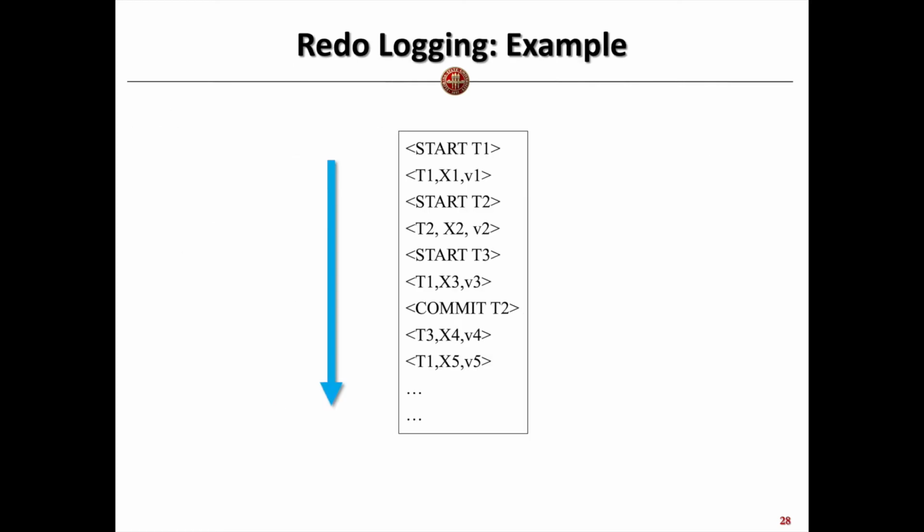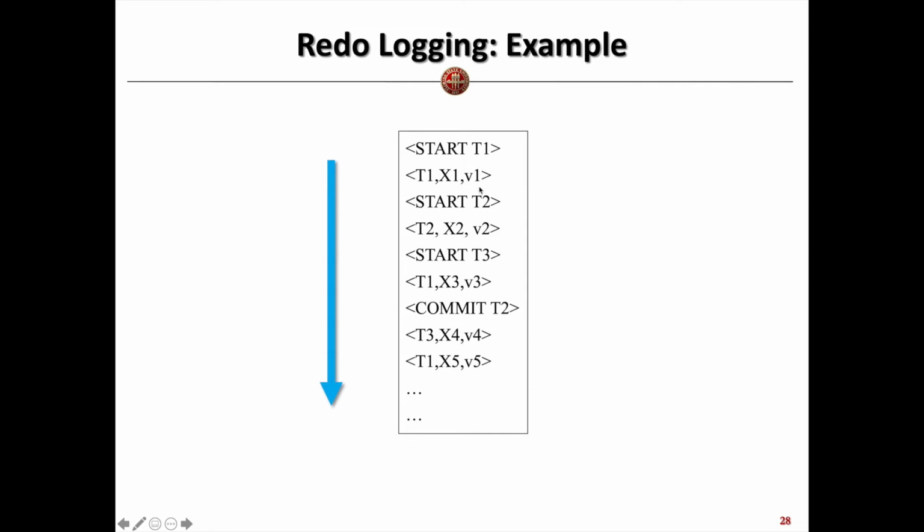Let me provide an example. Let's assume we run a system and the system crashes, and we plan to do a redo of the log. We read the log from the top down, from the beginning to the bottom. So we first read the entry start T1, and we have T1, X1, V1. However, in the following entries, we never see commit T1 or abort T1.